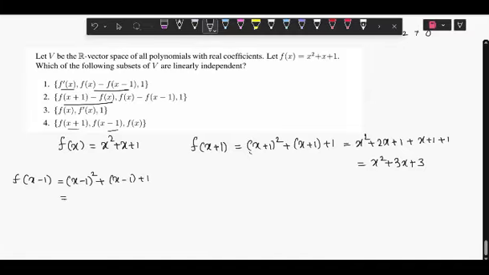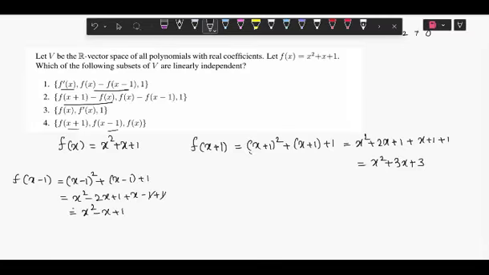So that gives you x square minus 2x plus 1 plus x minus 1 plus 1, which is equal to x square minus x plus 1. So we found f of x plus 1 and f of x minus 1.